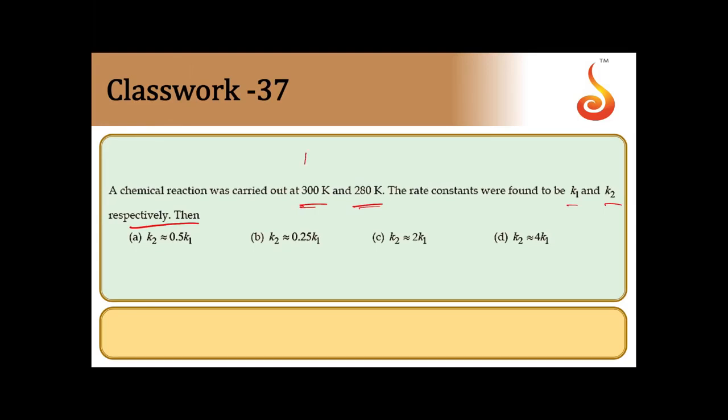If this is K1, this is K2, then K1 must be more than K2. And normally we say that for every 10 degrees rise in temperature, rate of reaction almost doubles. Let's say 280, then 290, then 300. So doubles here and again doubles here. 4 times it changes. So therefore, answer must be B.